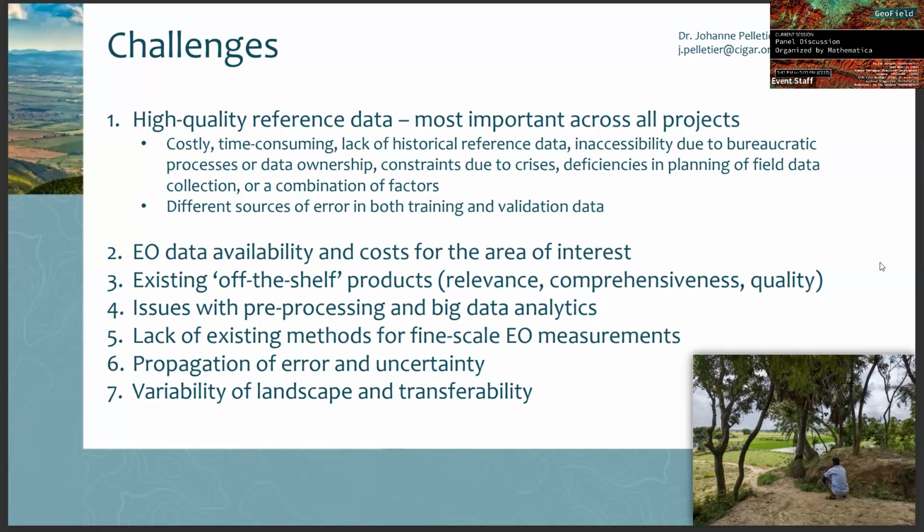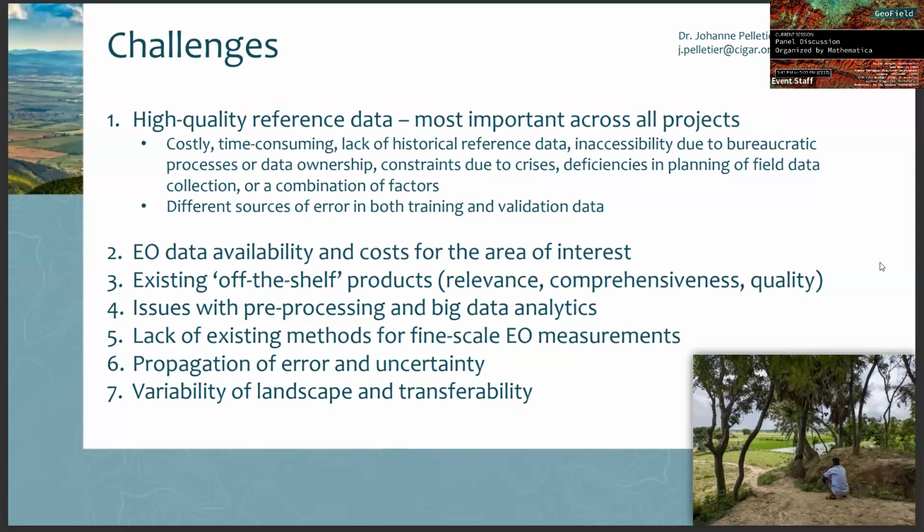This is not minor. In terms of implementation, it's important to note that for the 11 case studies, the most challenging aspect was obtaining a sufficient amount of reference data, so information about the ground conditions and their quality. This can be for different reasons.